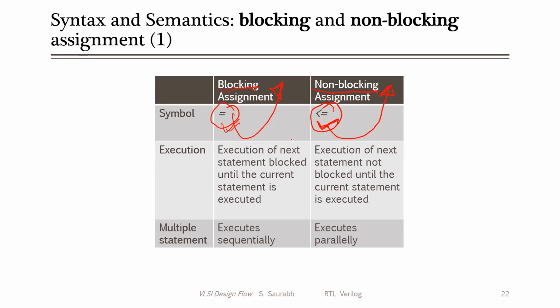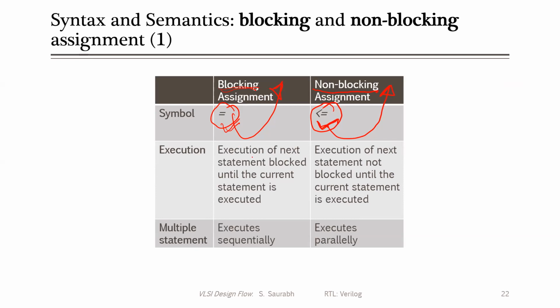Now these two kinds of assignments are executed in different manners. This feature in Verilog is provided to distinguish between a sequential statement and a concurrent statement. Now, how is the blocking assignment executed?